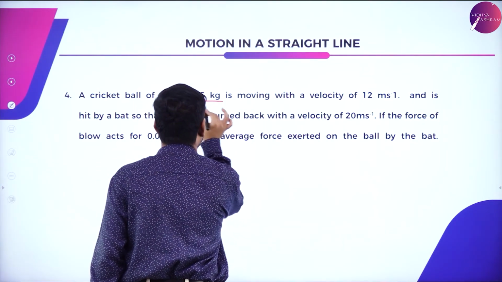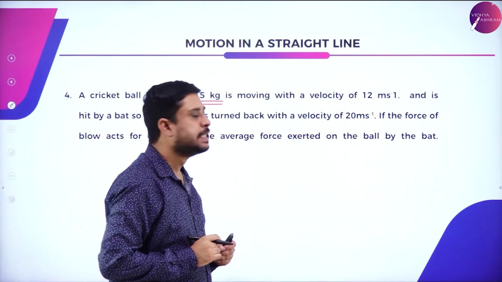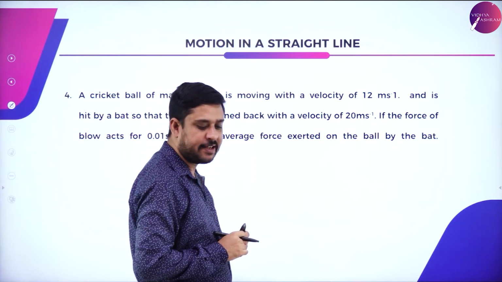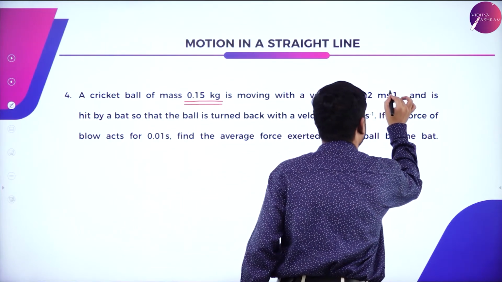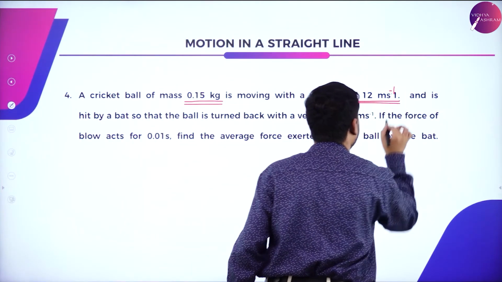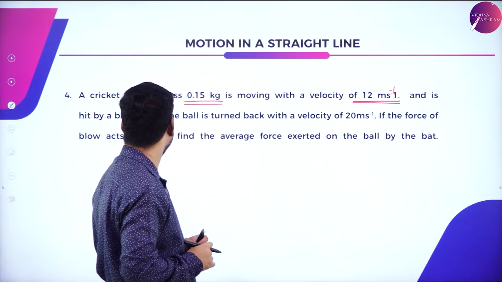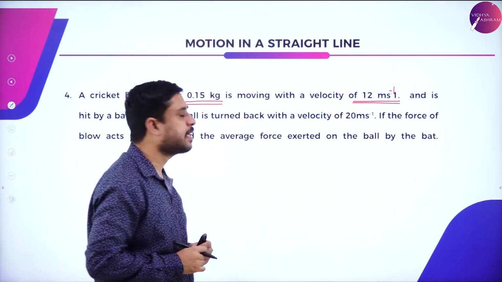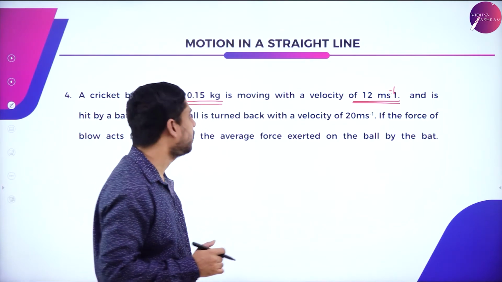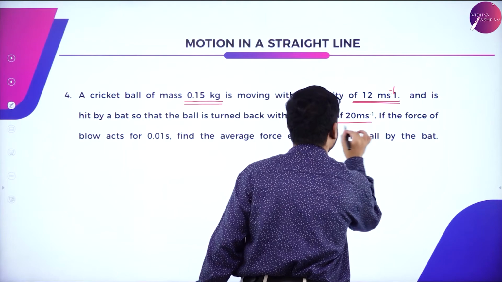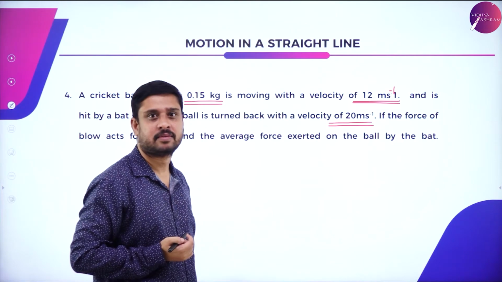A cricket ball of mass 0.15 kg is moving with a velocity of 12 meter per second and is hit by a bat so that the ball is turned back with a velocity of 20 meter per second, rebounds.